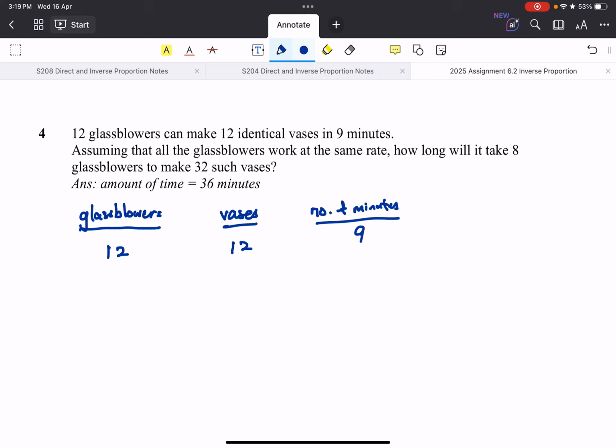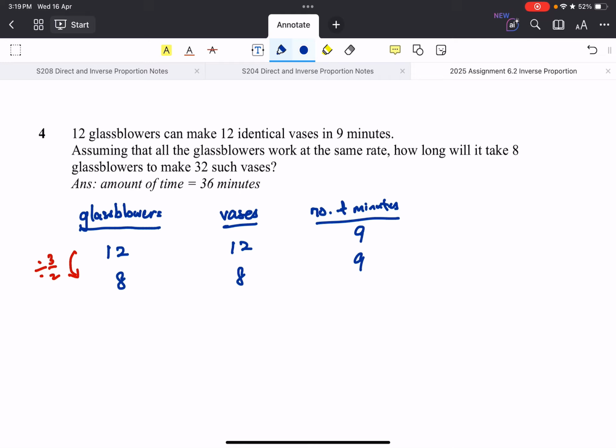So if I'm going to make this into 8, 12 reduced to 8, I actually divide by 3 over 2. So I'm going to do the same thing to the vases, and 9 as well. So the number of vases is proportional.